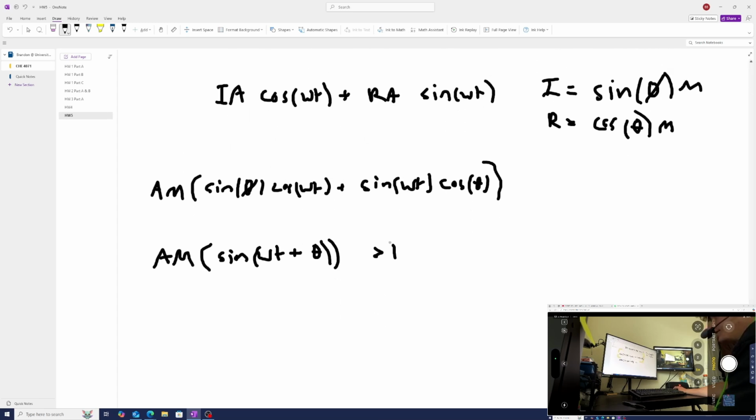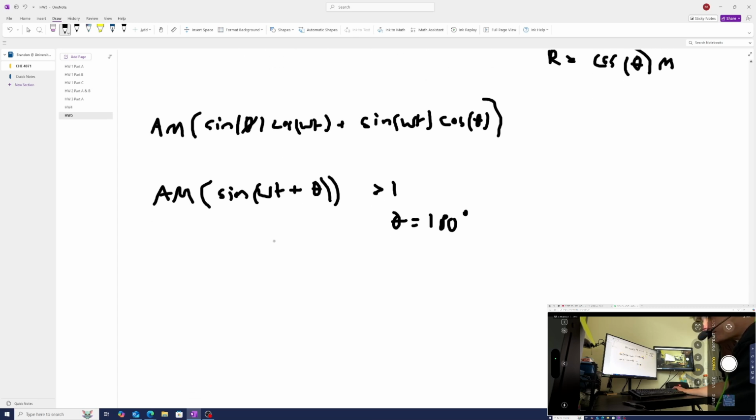What we also need to take into account is that this is only when our theta, or our phase lag, is equal to 180 degrees, making our sine function 1. And I think that should be about it. So this shows that when our phase lag is at 180, we need our M to be at a value of 1 or below, or else our system will not be stable.